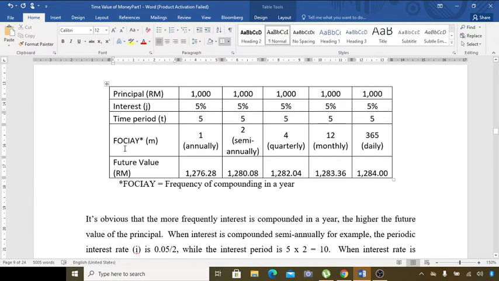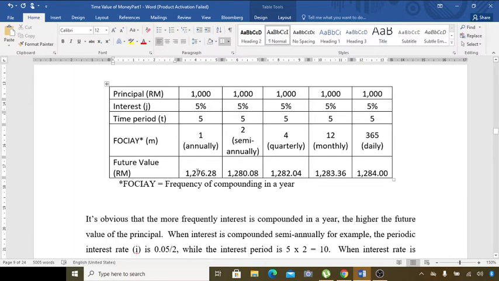The difference is only this frequency of compounding in a year, which I call FOCIAY, which is your M in the formula. It can be 1 for annual, 2 for semi-annual, 4 for quarterly, 12 for monthly, and 365 for daily compounding, just for example's sake.